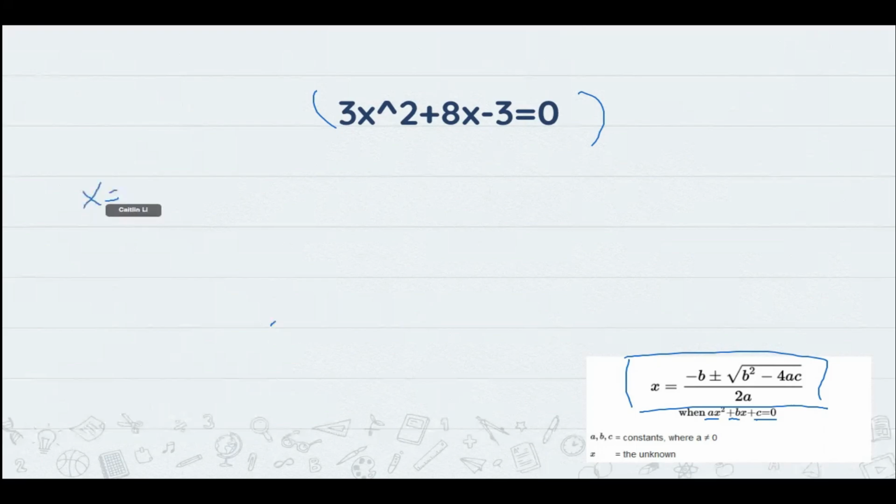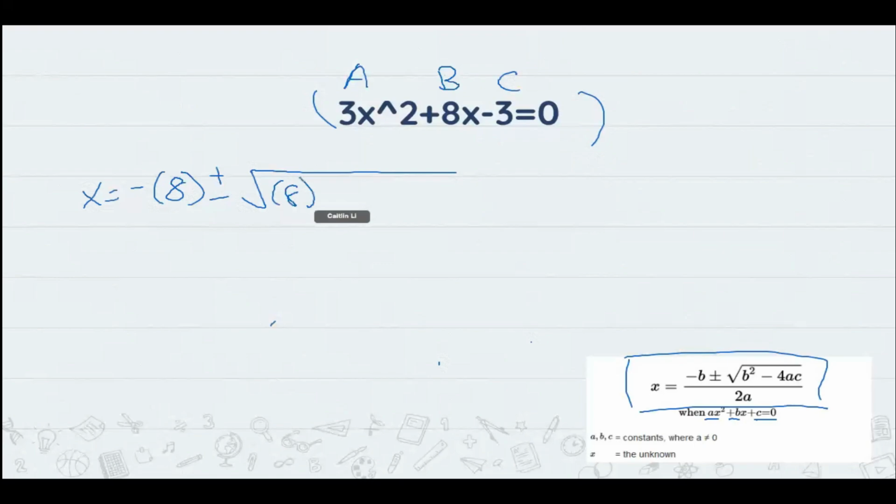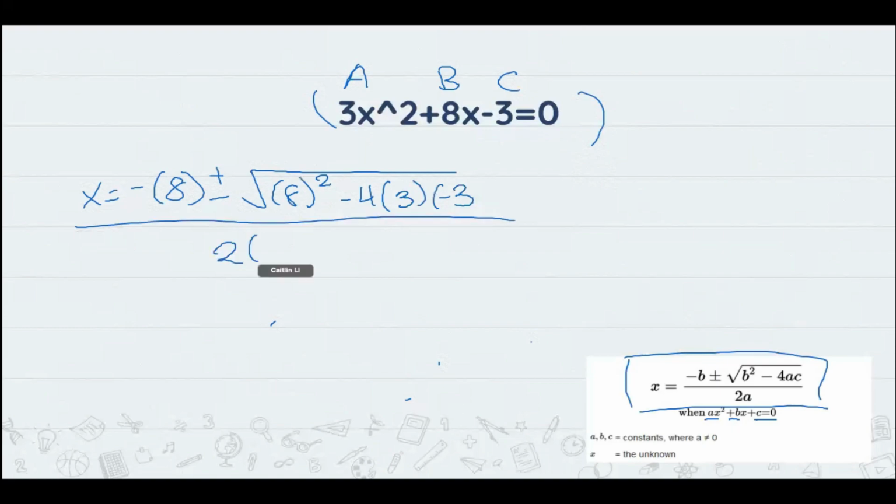So x equals minus b, and in this case it is 8, and plus minus radicand 8 squared minus 4, and then a and c, 3 and negative 3, over 2 and a.